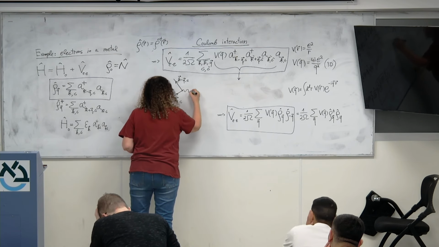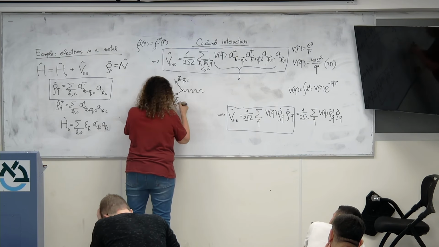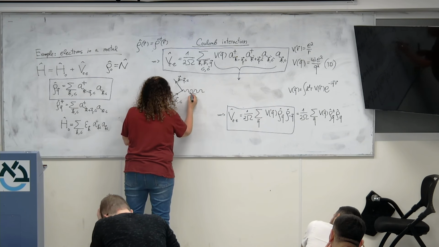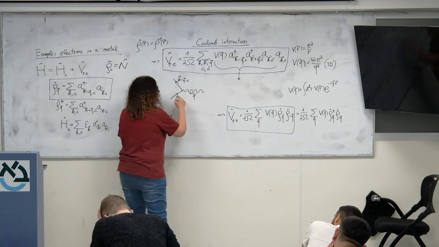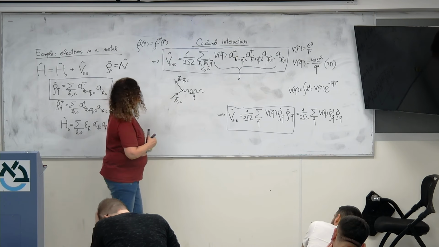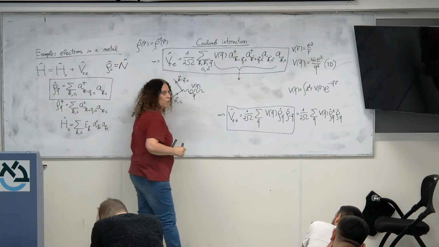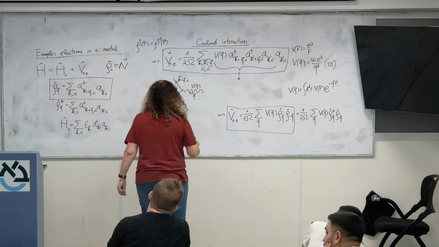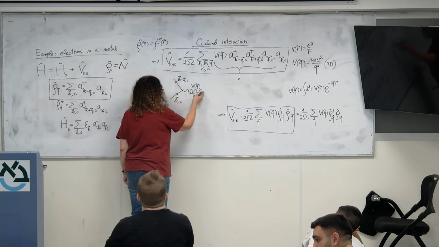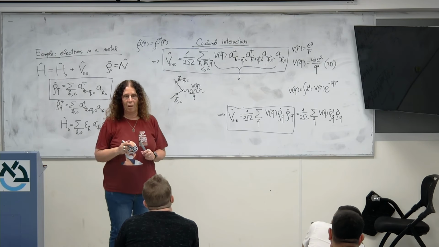Because you emitted the particle which carries this momentum, this q. I write it like this because it's a minus q. And what is this wiggly line describing? It's the v of q. So v of q, which is just a function of q, describes some kind of probability for exchanging a particle between the electrons.